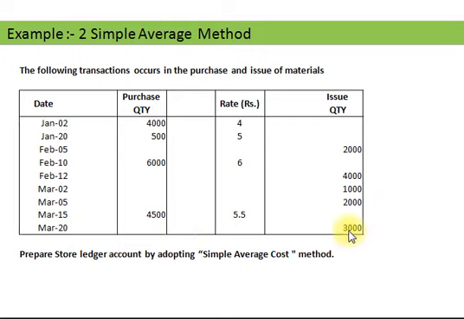My dear students, here you can see the purchase quantities are given with rate per unit, whereas issue quantity rates are not available. Rates will be decided by using the simple average cost method, and here we are to prepare a store ledger account by adopting the simple average cost method.